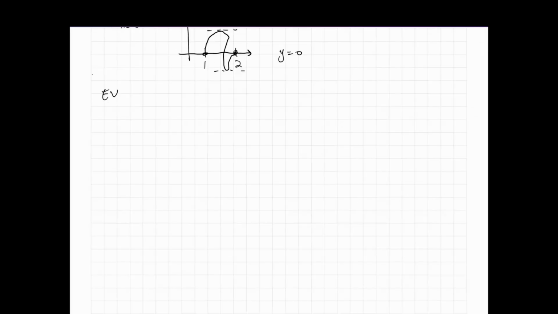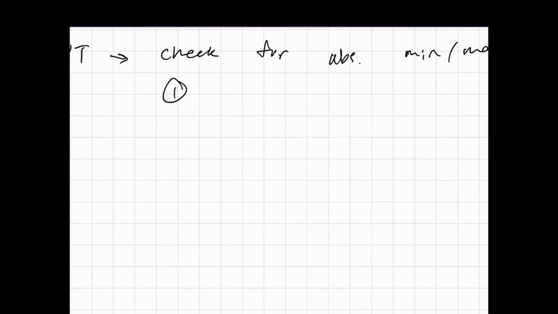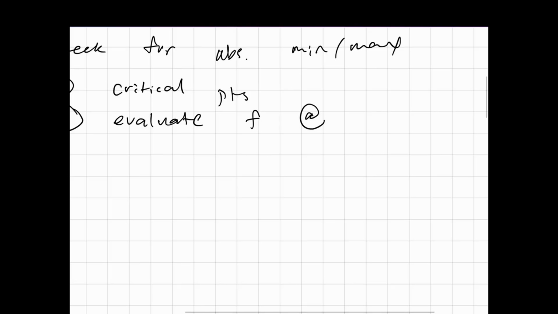So the Extreme Value Theorem is basically a check for the absolute min and max. So to do this, our first step should be to find the critical points. Our second step is to evaluate the function, which I'm just going to say f at critical points.